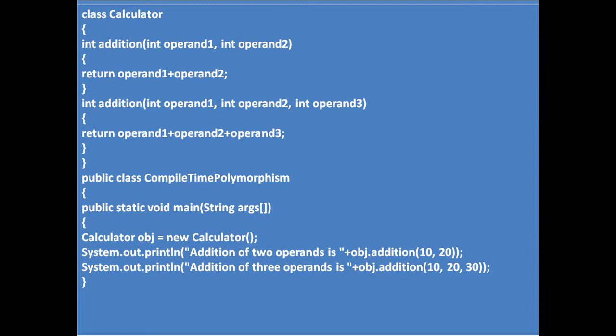Now we will talk about an example of method overloading. Suppose we create a calculator class. In this calculator class, first we create an addition method, int addition, which takes two parameters and returns the sum of these two operands. Again we define an addition method in the calculator class, which takes three parameters and returns the addition of three parameters.